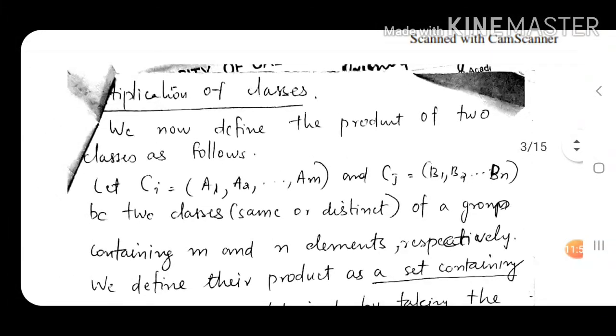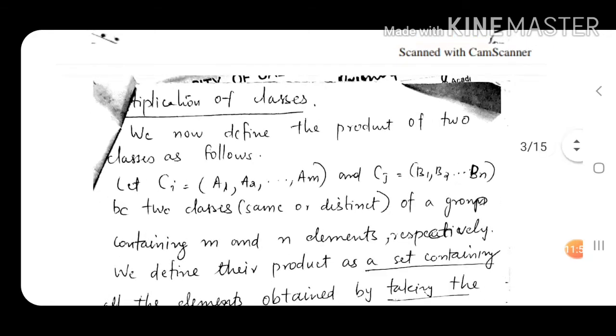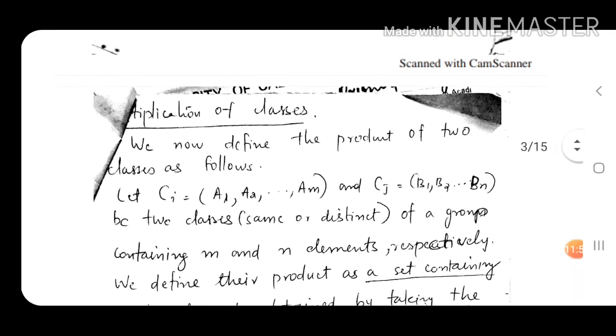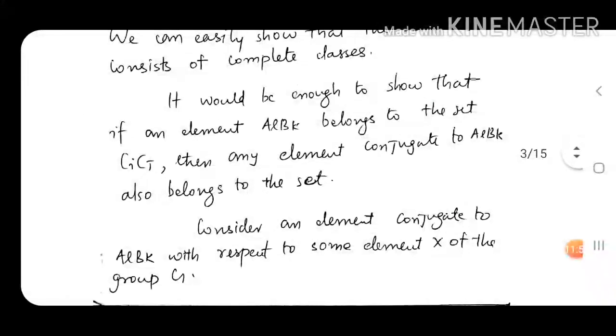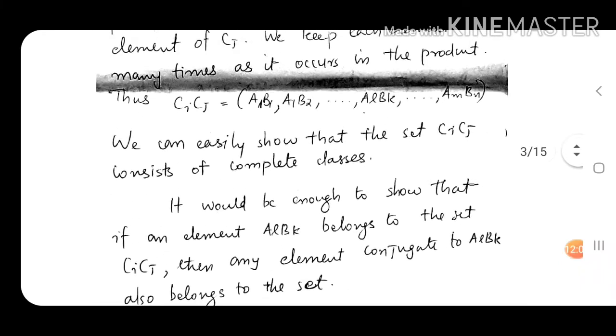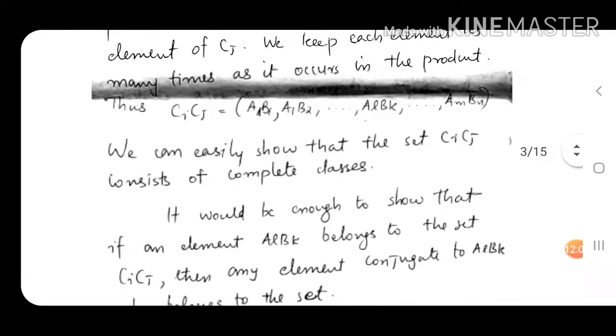Now we can easily show that when we multiply one class with the same or another class, the set Ci Cj, the product that we get, consists of complete classes.